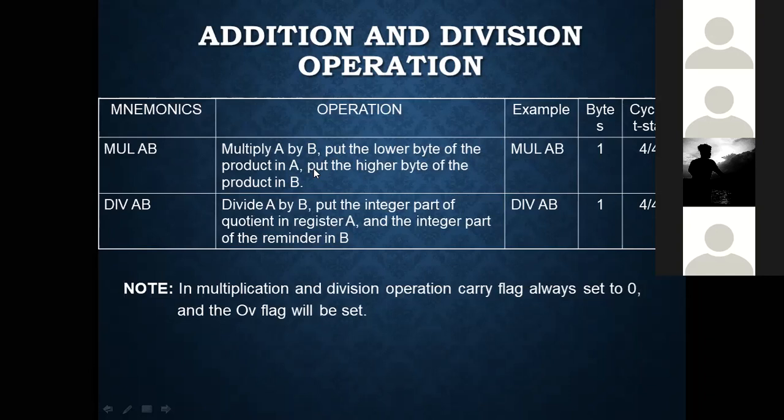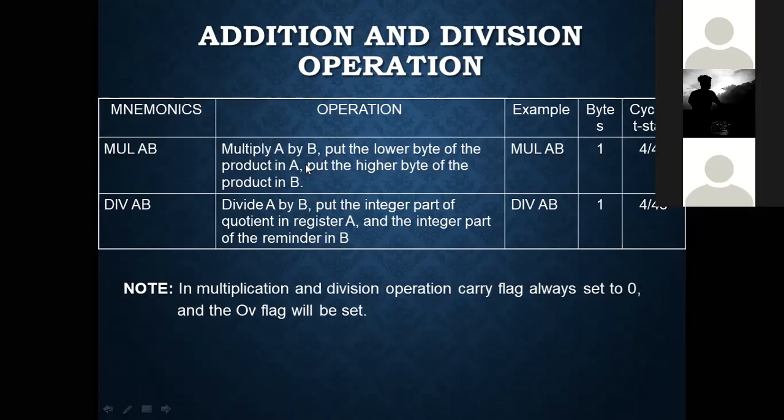Tell me. Into the PPT. The lower byte, very good. The lower byte will be stored into the A register and the higher byte will be stored into the B register. Clear?